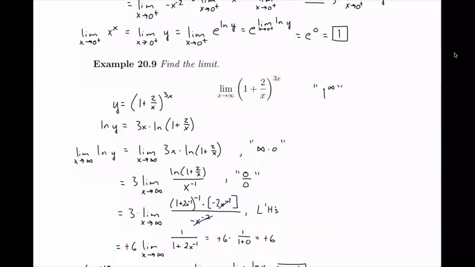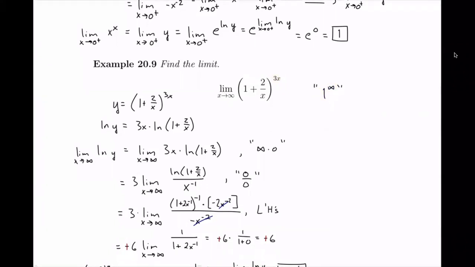As x goes to infinity, 2 over x goes to 0. 1 plus something going to 0 is approaching 1. 3 times x as x goes to infinity, x is approaching infinity. This has the intuitive form 1 to the power of infinity. This is indeterminate. This thing may or may not converge, and it may converge to some real number or may converge to 0 specifically. We have to find out.